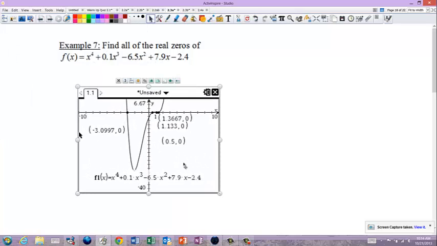So my zeros are x equals negative 3.100, because 0.997 would round the 7 up, and the 9 would round the 9 up. Yes, that is right.